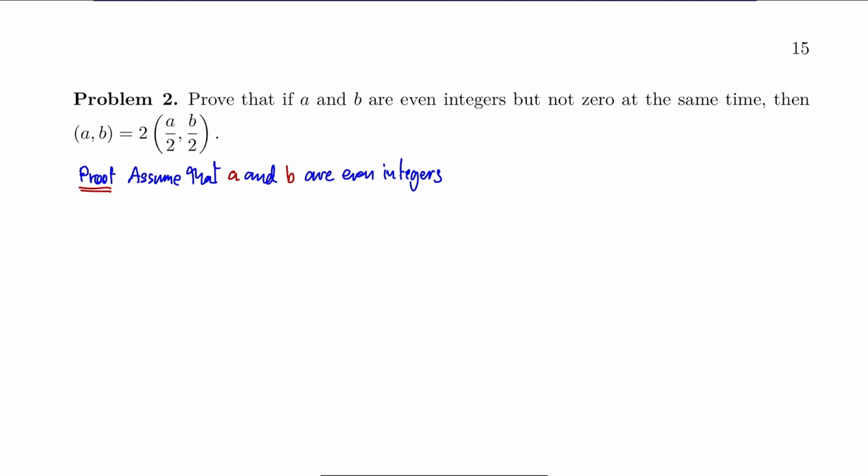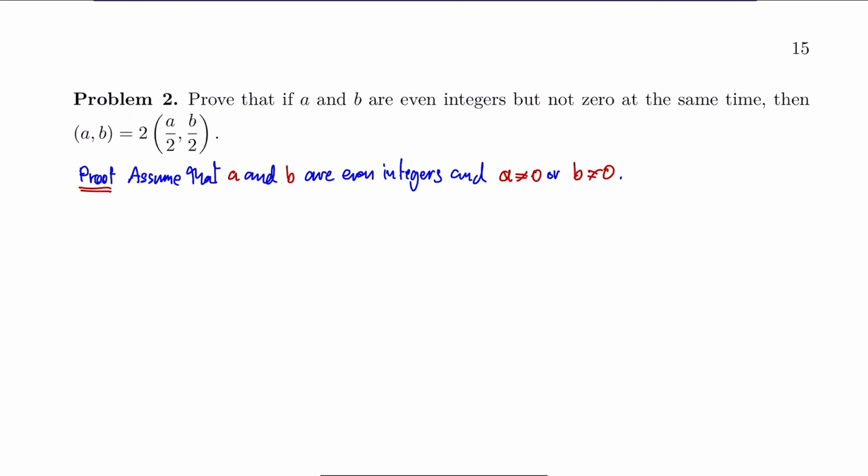And we don't need a and b to be 0 at the same time, right? So we have to assume that a is not 0 or b is not 0. Okay, so this is our assumption.